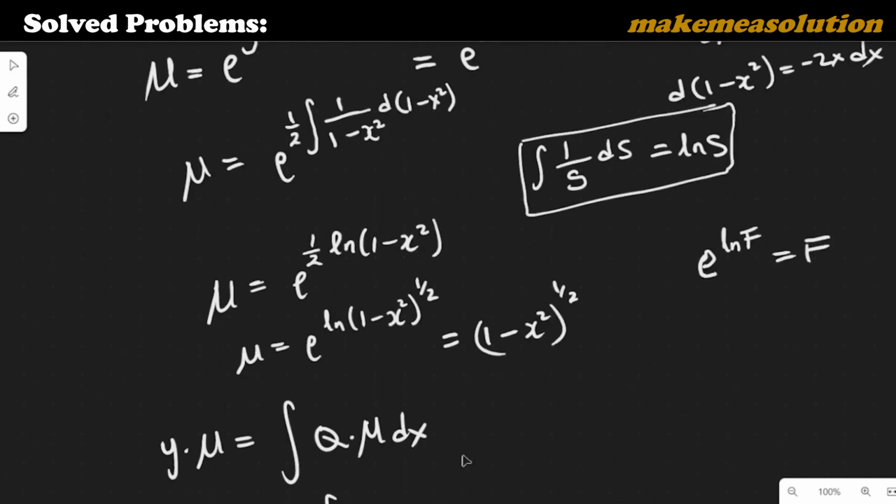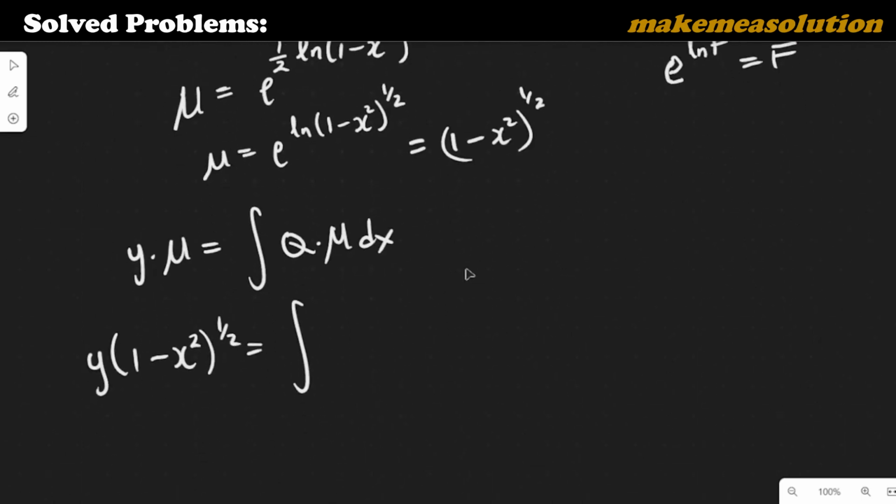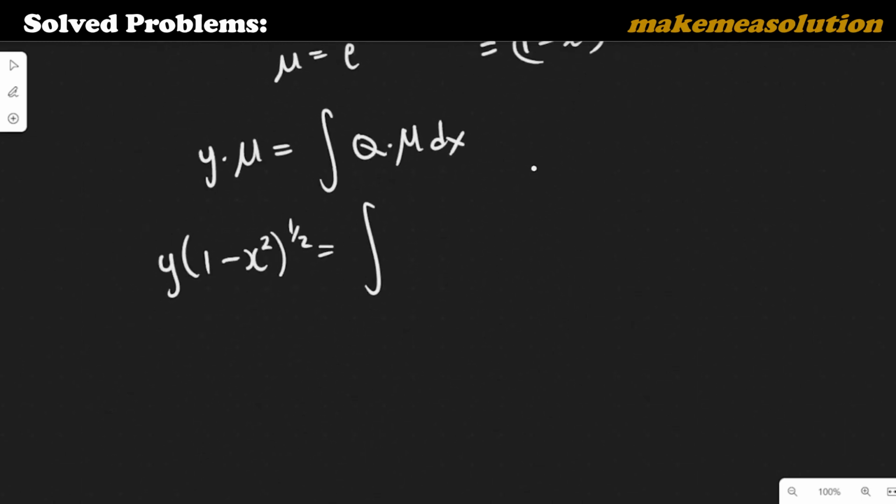So let's see how this goes. We'll get 1 over 1 minus x squared, then we now have 1 minus x squared raised to the power of 1 over 2 dx.